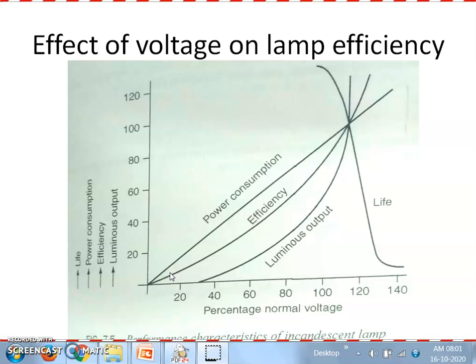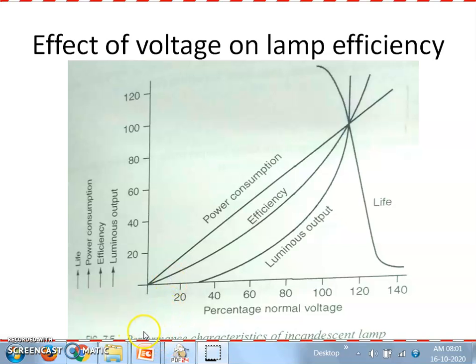In that we have already discussed the basic terminologies involved in lighting, what lamps are available, and the lamp working principles. We also discussed this current slide, the effect of voltage on lamp efficiency. This also we already discussed.